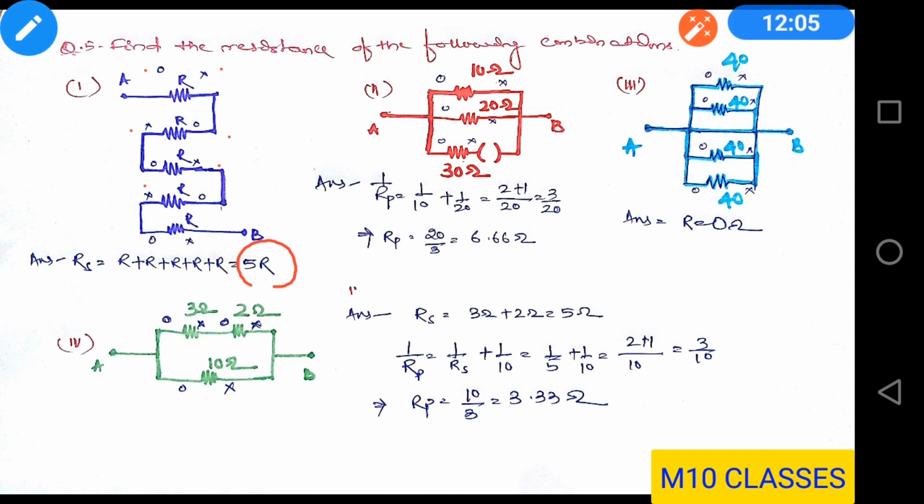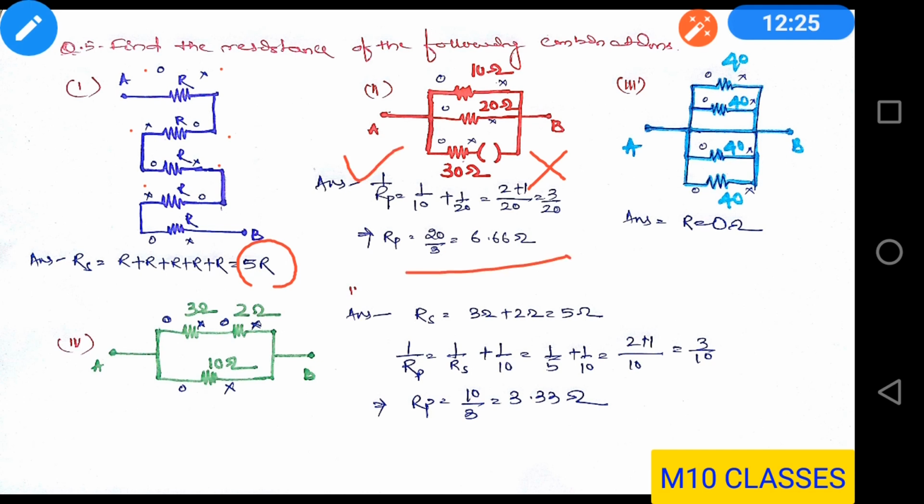Now if it is open, current will not pass through this. That means this resistor will not be accounted for while calculating the total resistance. So which two resistors will be taken into account? That is nothing but 10 and 20, and they are in parallel. So put the formula of parallel connection, and you will get the answer.